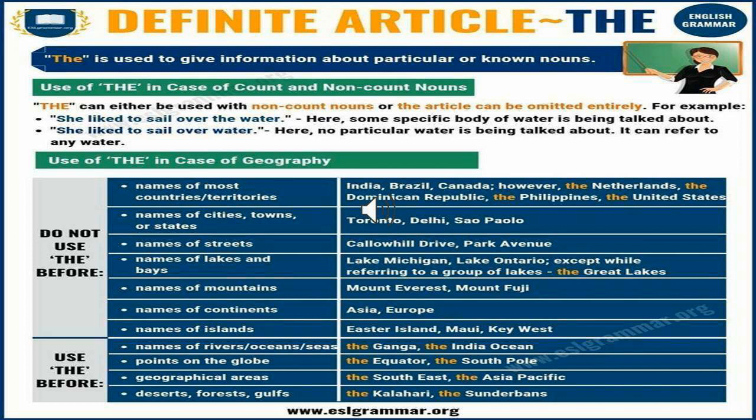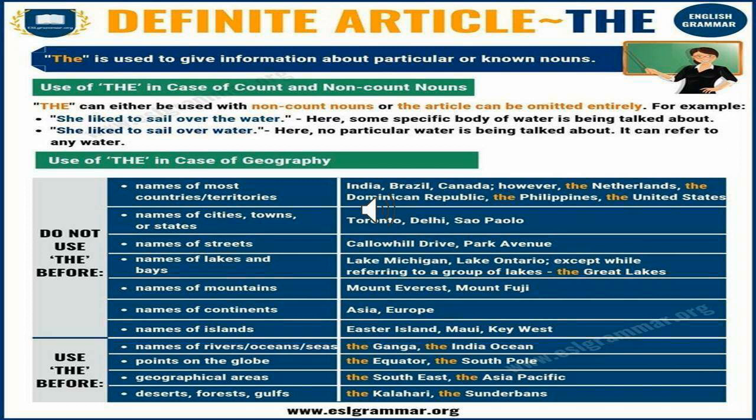Here you can see names of most countries, next names of cities, towns or states, names of streets, lakes and bays, mountains, continents, and names of islands.